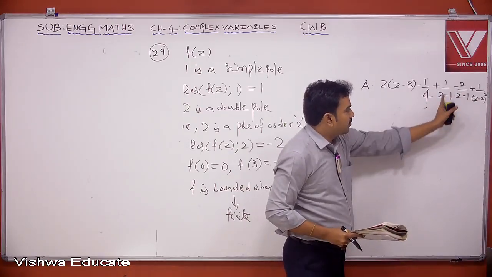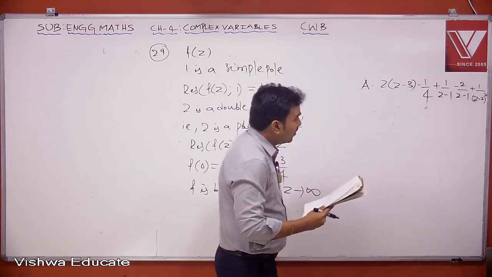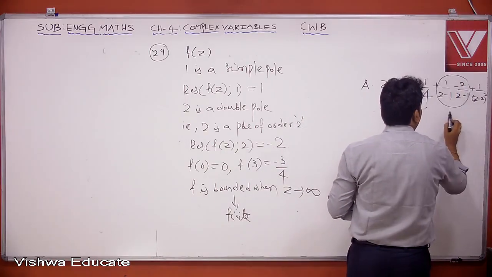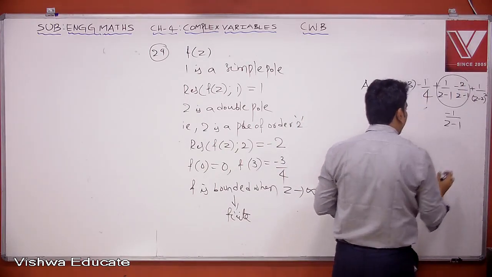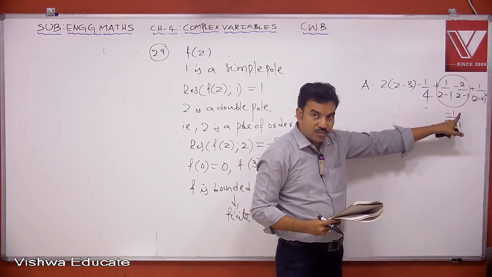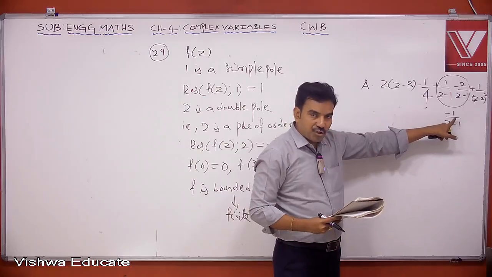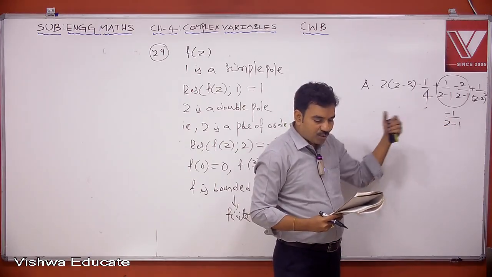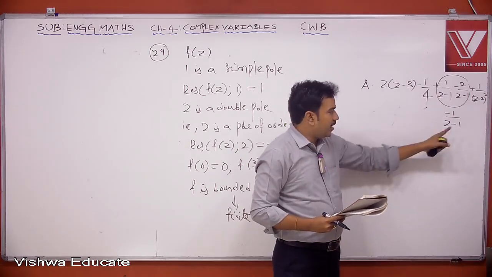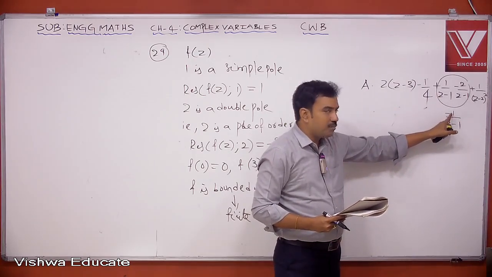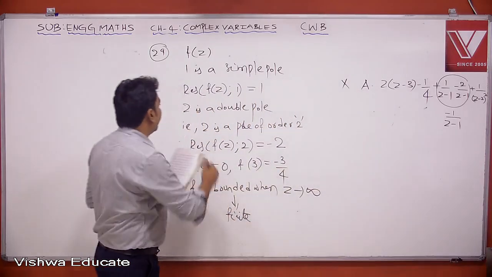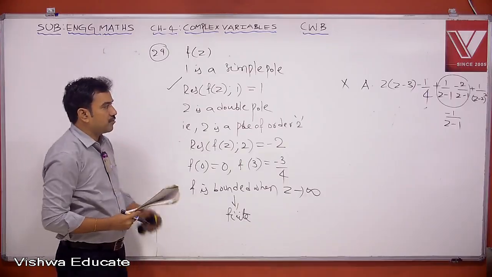But when you simplify this, basically this expression will be minus 1 by z minus 1. That means the coefficient of 1 by z minus 1 is minus 1. But that is nothing but the residue. But the residue at 1 is 1 only. In this case, when you simplify option A, the residue at 1 is minus 1. Therefore, this option does not satisfy this condition. Therefore, option A is wrong.